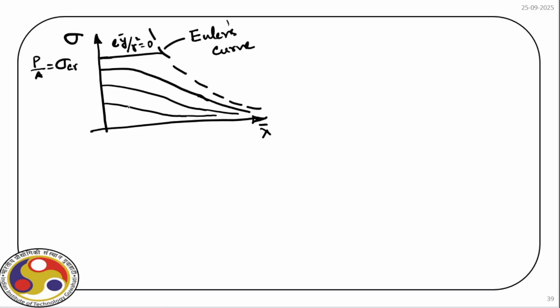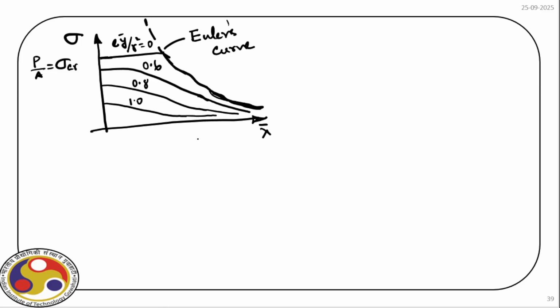So the values are, say, 1.0, then 0.8, 0.6, and ultimately we get this curve. Normally we draw the full line here, and beyond this actually the dotted line.